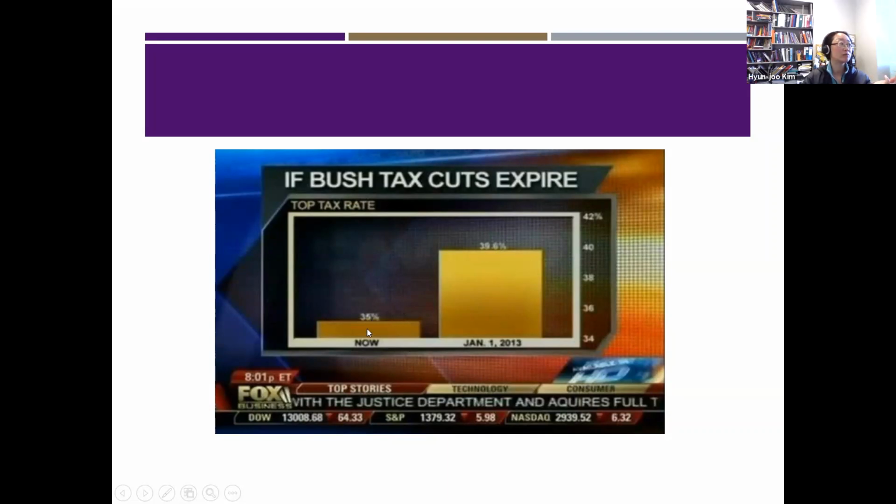That difference, 35 to 39.6%, is probably big and probably not big, depending on who you ask. However, the point I want to make here is that just looking at this graph, it really looks like a huge difference, right? So I can see the intention of the graph maker is to really emphasize that once the tax cut expires, this group will pay a lot more taxes.